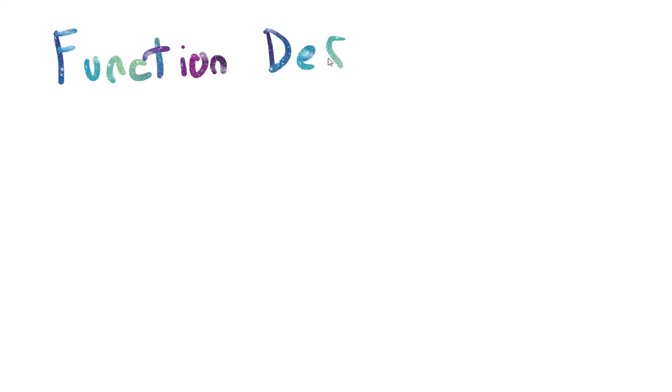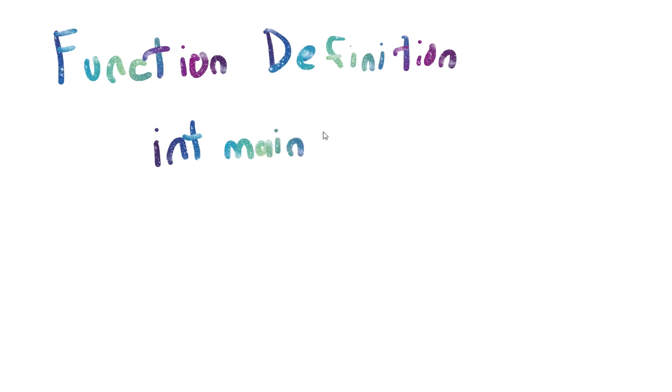So we'll stick to our rainbow type writing. Function definition. How do you write a function? Well, let's start with our original function that we had, which is the main, right? So int and then main. Okay.